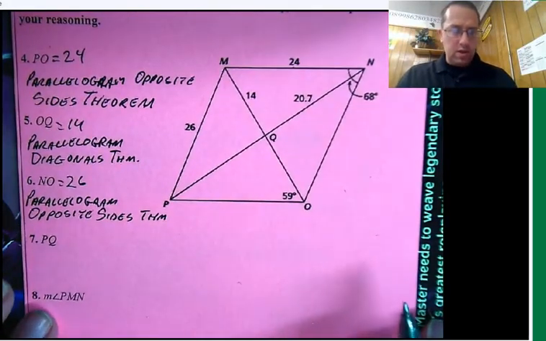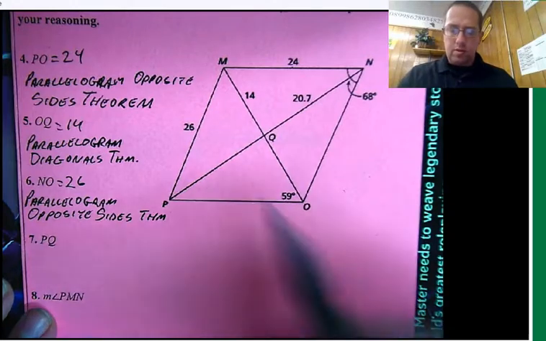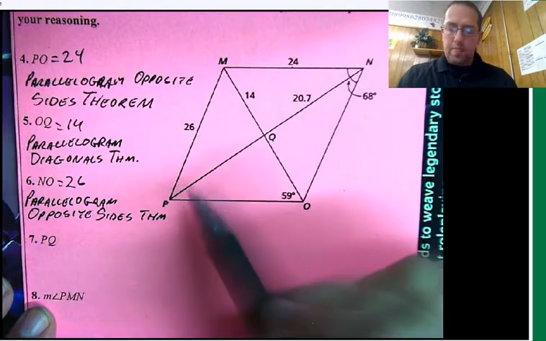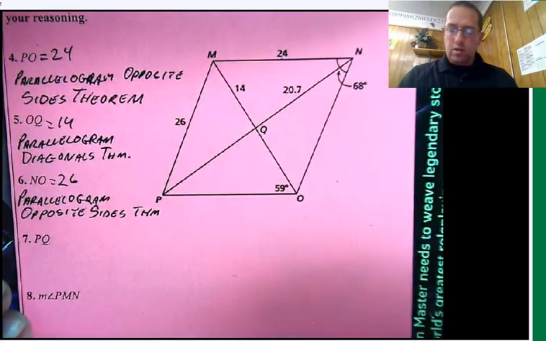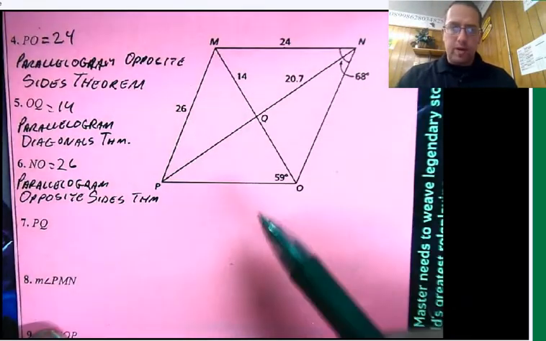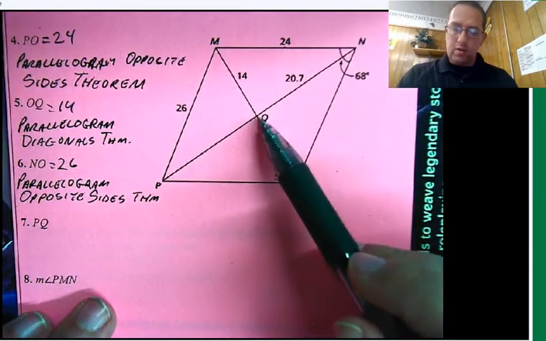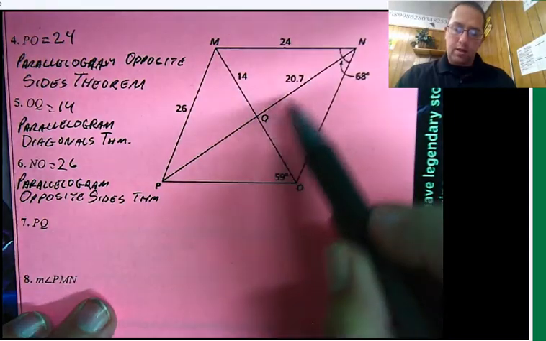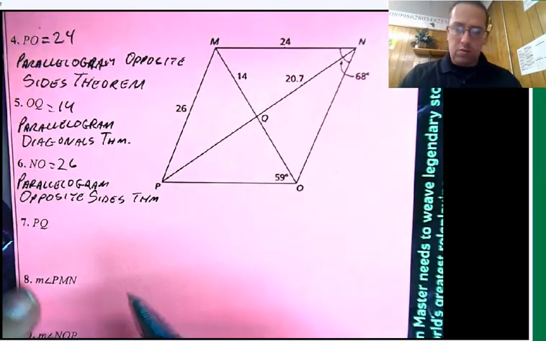What's the next one? Segment PQ. Where is PQ? There it is, segment PQ. Well, now we're on the diagonal again, right? And as we already saw, we have that theorem there, the diagonals bisect each other. So that means Q is not only the midpoint of MO, it's also the midpoint of PN. So these two sides are congruent.